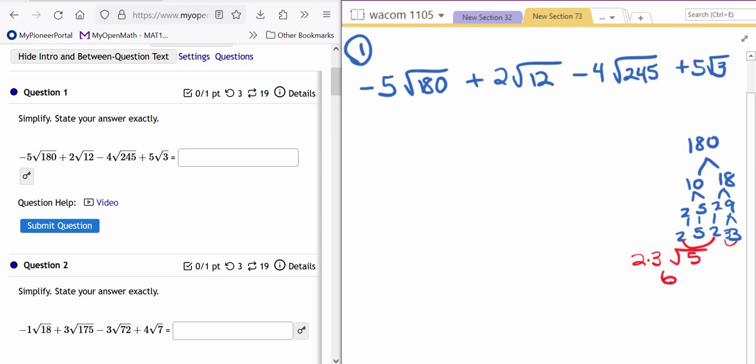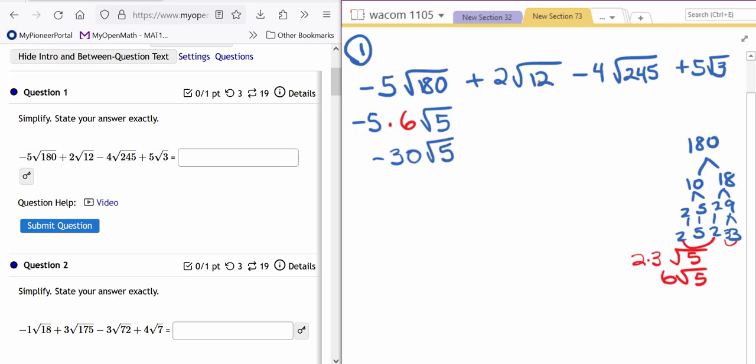So this one is going to be 6 times the square root of 5. That is for the 180. The 6 that's going outside, so you had minus 5 out there. The 6 that's going out will multiply by that. And we're going to keep square root of 5 on the inside. So this is negative 30 times the square root of 5.